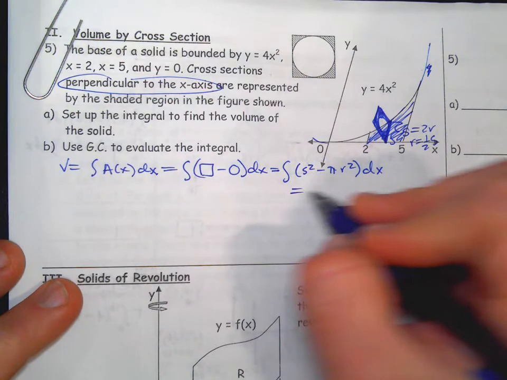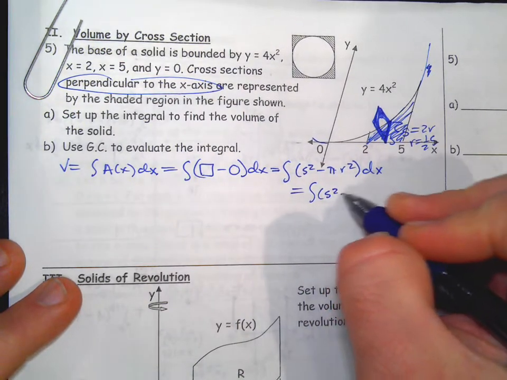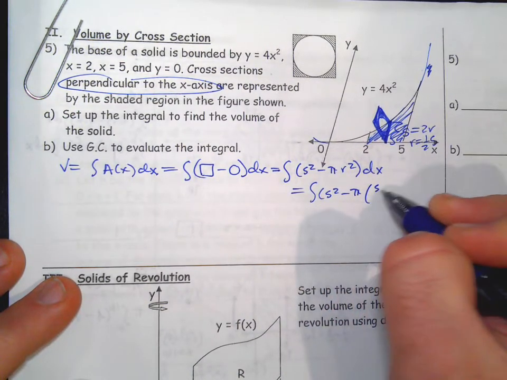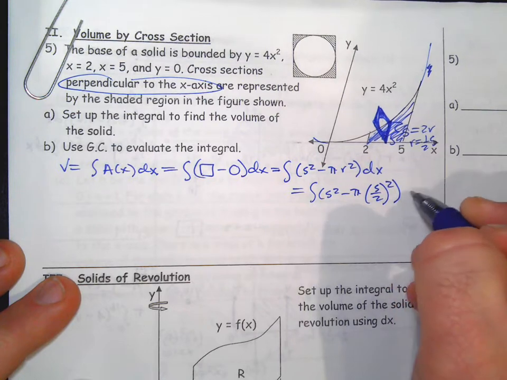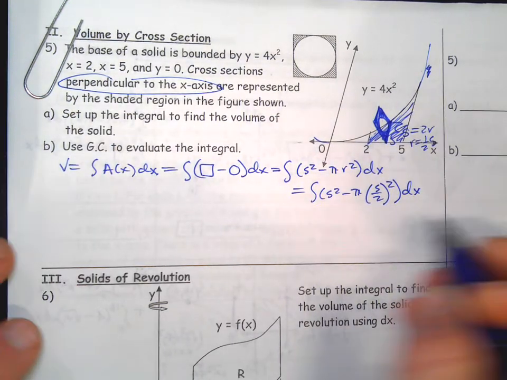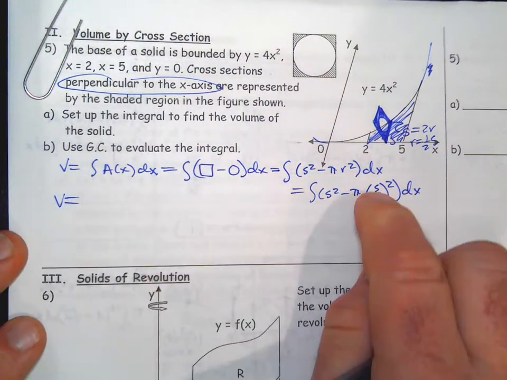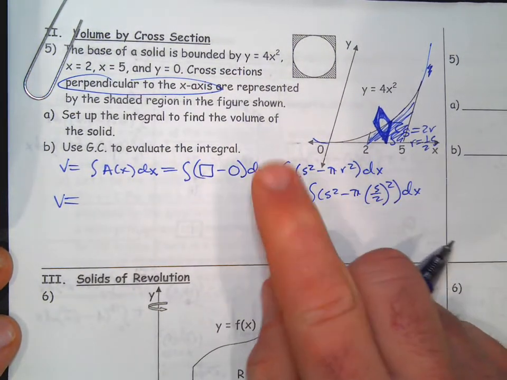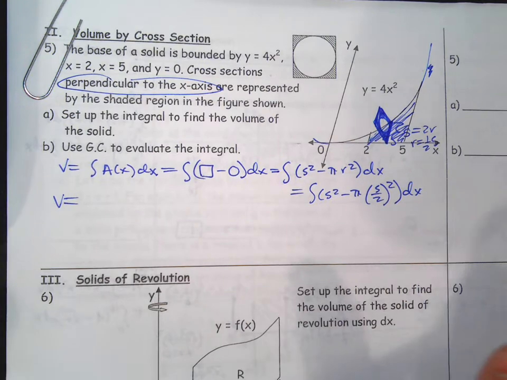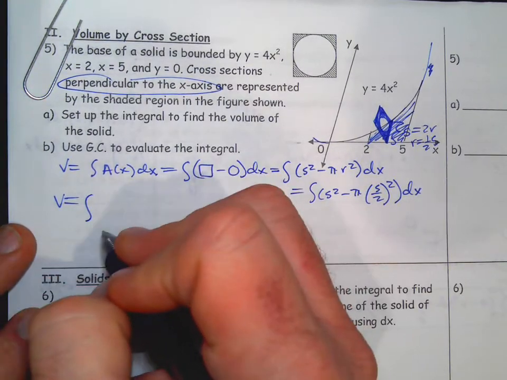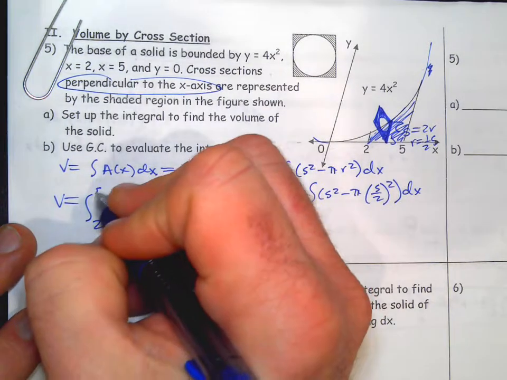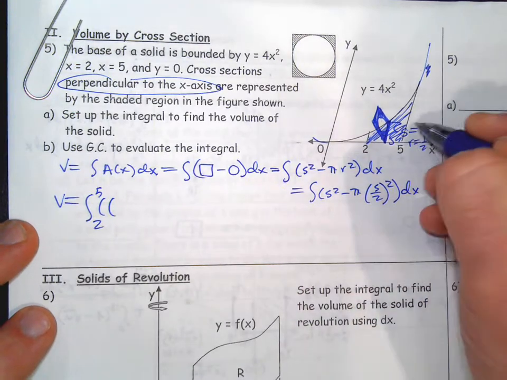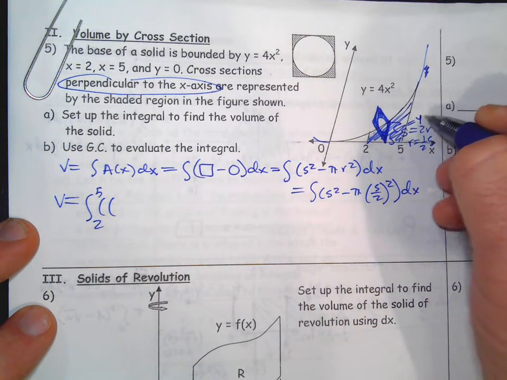So that's going to be, radius is s over 2, and it all gets squared. The division by 2 gets squared also. So you could factor out the s squared and have a 1 minus pi over 4 out in front if you want. The limits are going to be in the x direction, 2 to 5. Your s right here is going to equal y top minus y bottom.